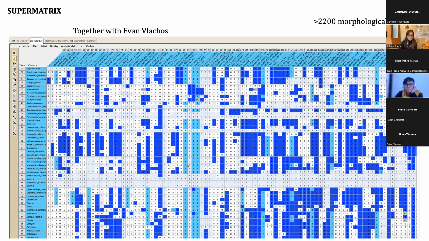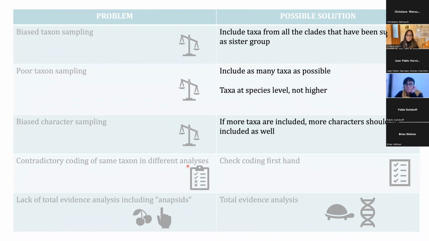We started with a morphological matrix, where we are gathering the latest versions of the matrices about synapsids, parareptiles, archosauriomorphs, turtles, of course, and lepidosauriomorphs, to include in a supermatrix. Nowadays we have 2,200 morphological characters and more than 330 taxa. But we are still far away from the end.